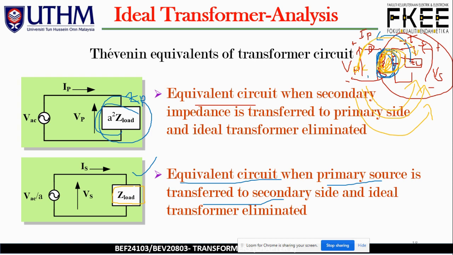We have the turns ratio A, and once it has crossed over, the original value of VAC needs to be divided by A. So we have VAC over A. The rest is unchanged: we have the existing IS, VS, as well as the Z load.